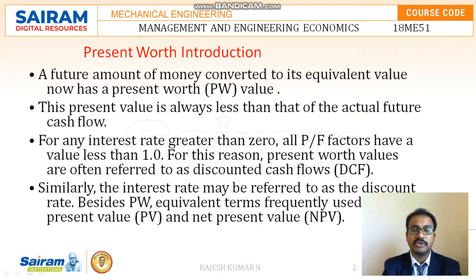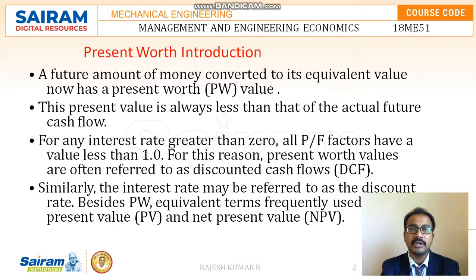So the introduction, if you see, is that a future amount of money converted to its equivalent value now has a present worth value. I think now you would have understood very clearly what I explained till now. This present worth value is always less than the actual future cash flow. It means after 5 years, the machine will be selling for, say for example, 5 lakh rupees.